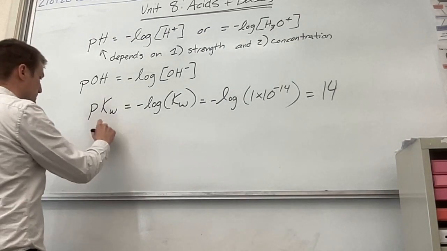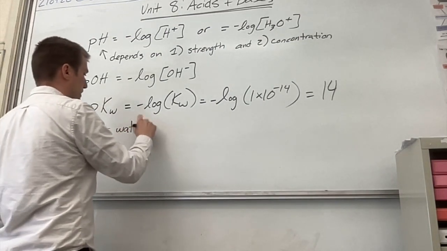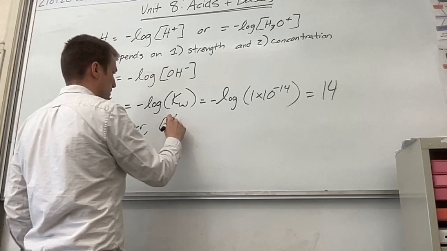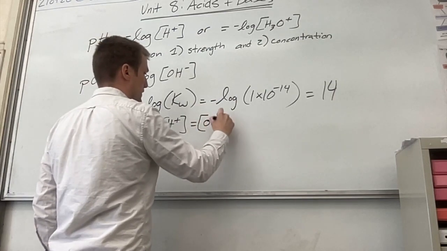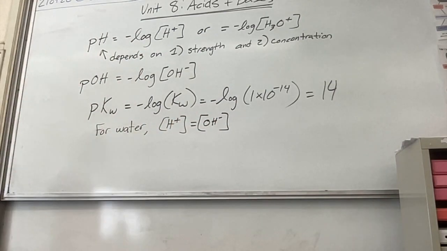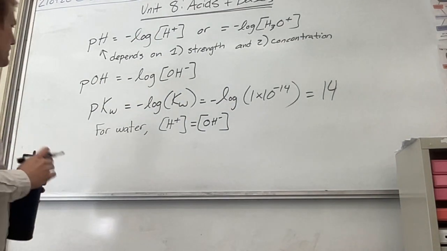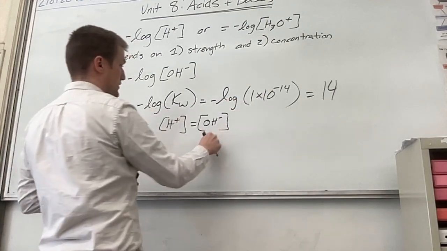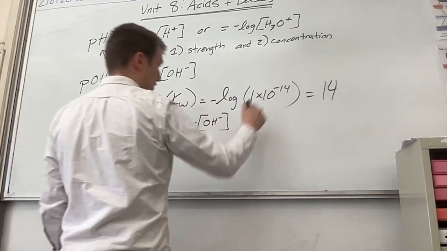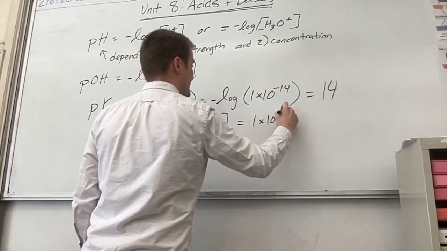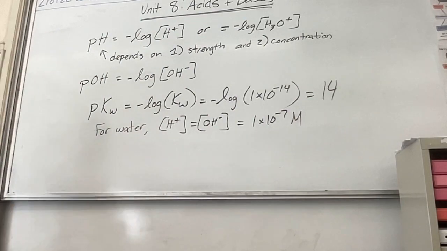But for water, what that means is the concentration of H plus and the concentration of hydroxide are equal to each other, which means it's a neutral solution. And from the previous equation, remember, this is just the product of these two concentrations. If they're equal, then the concentration is just the square root of this, so it's 1 times 10 to the minus 7 moles per liter.